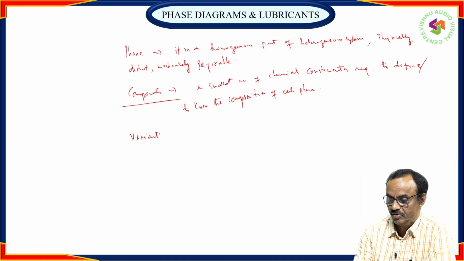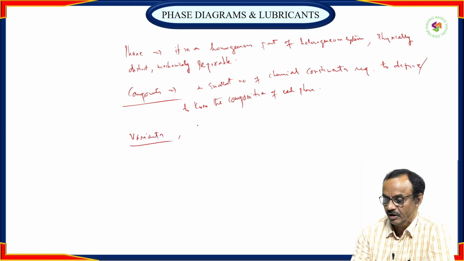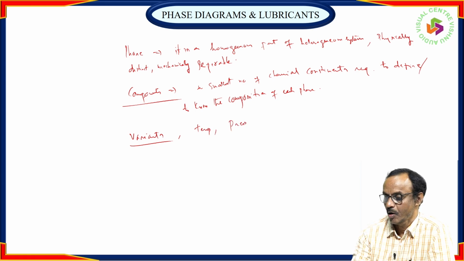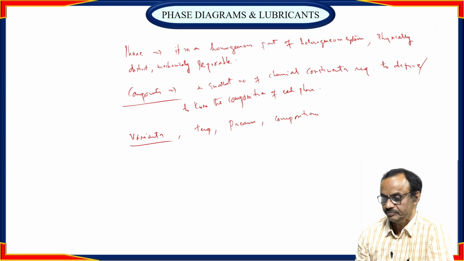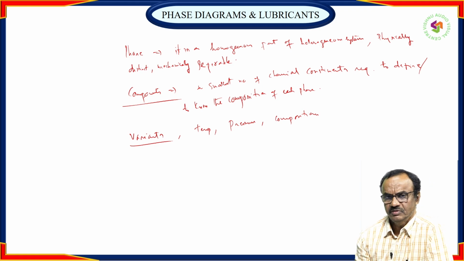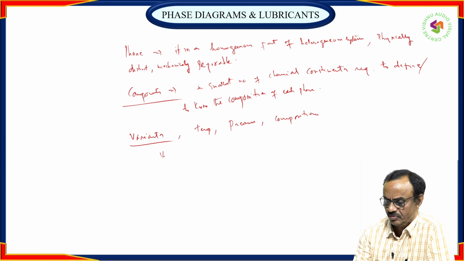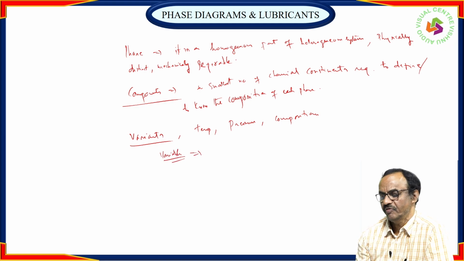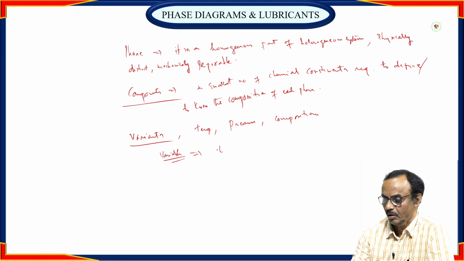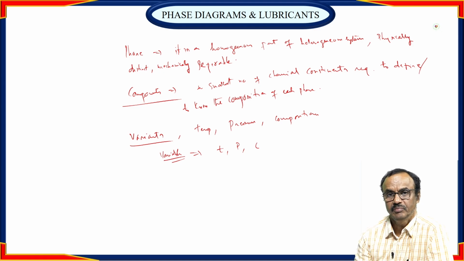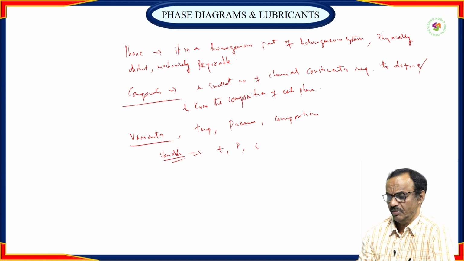So we also depend on variance: temperature, pressure, and composition, right? These can be defined as variance or variables. It is the minimum number of variables, like temperature, pressure, or composition, out of the 3.